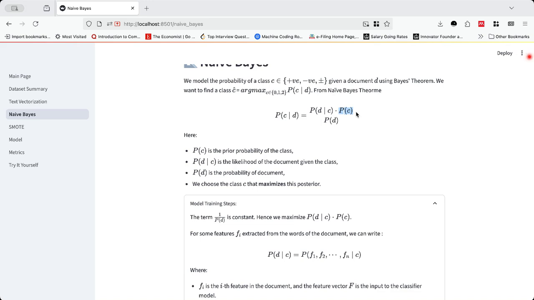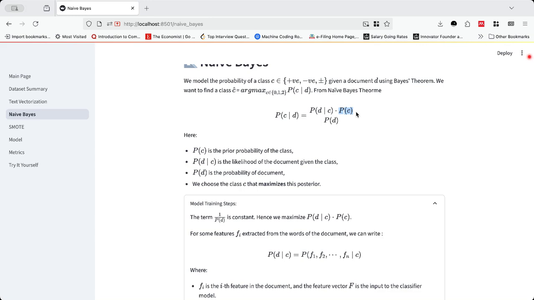Well, the prior represents the probability of each of the classes. That is, how likely is it that we will see a document from each category before we look at the contents of the document. So, for example, we know how pessimistic news channels are.